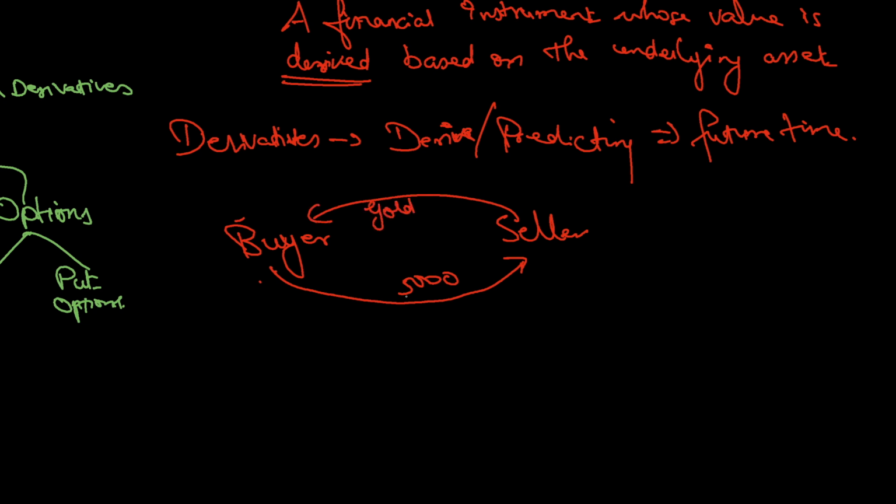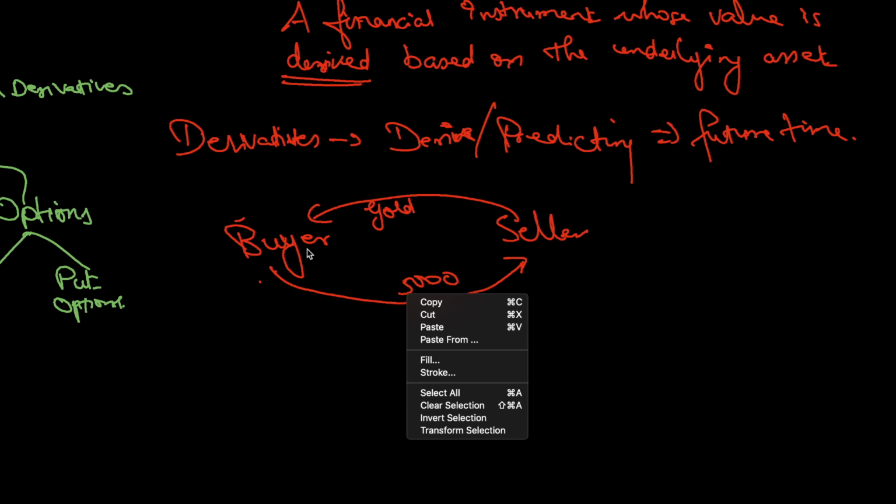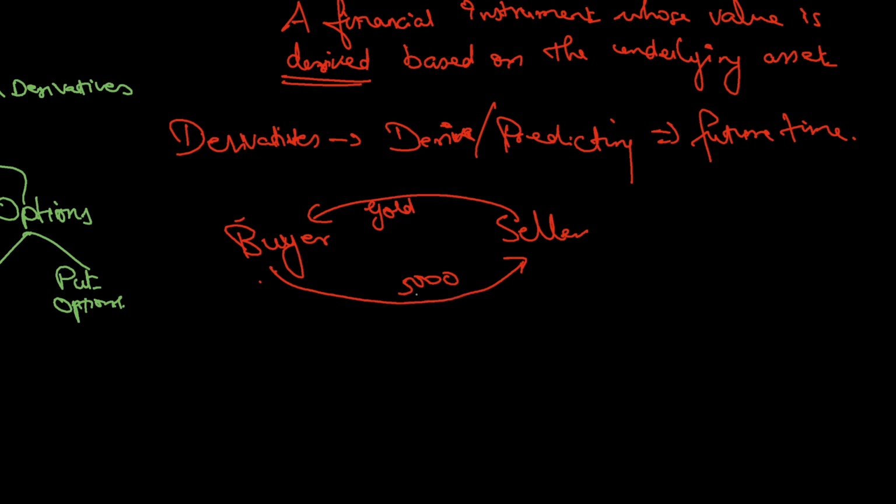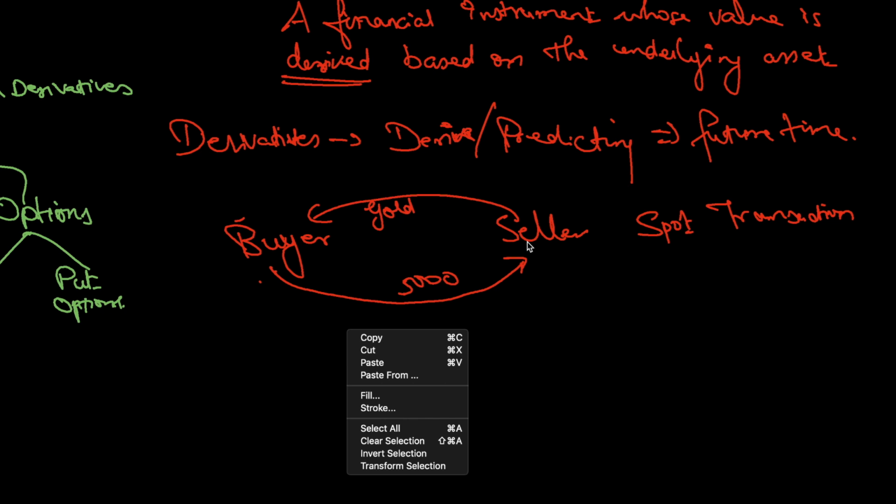In this case there is nothing to predict, because currently the price of gold is 5,000. So this is called spot transactions. This is not a derivative. On the spot, whatever the price is, that price is given to the seller.